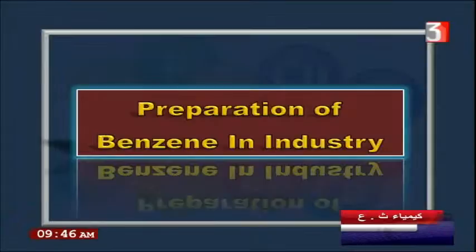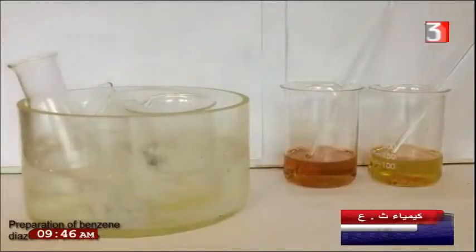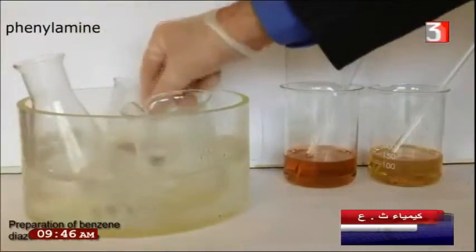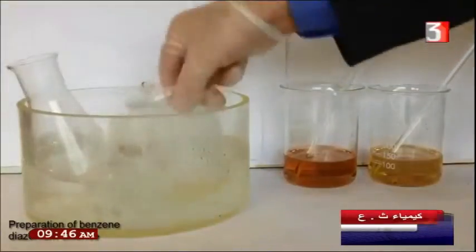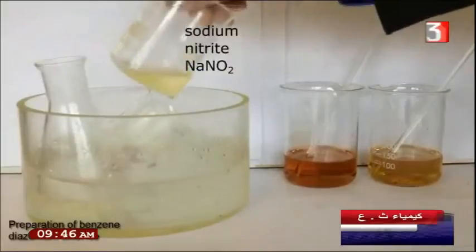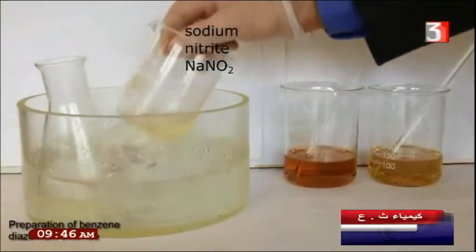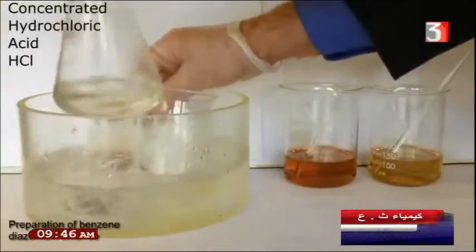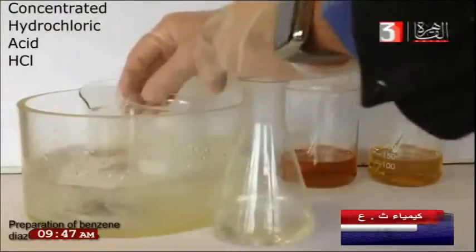Catch this please when I make preparation of benzene in industry. Very dangerous preparation. Here from benzenediazonium chloride, I get a beaker, phenol, as you see, phenylamine, and put it in the beaker because it's very hot, sodium nitrite, NaNO2. Also for the third one, concentrated hydrochloric acid.